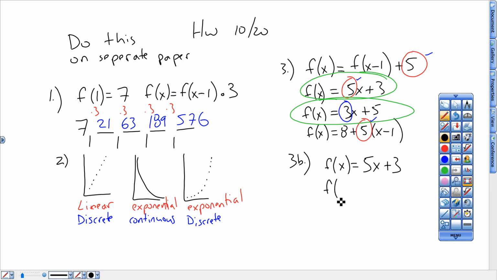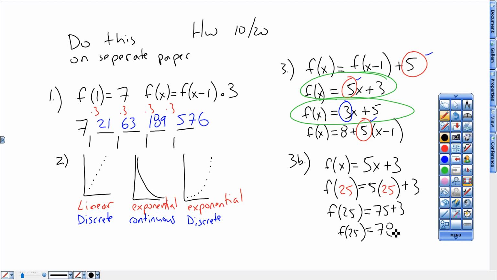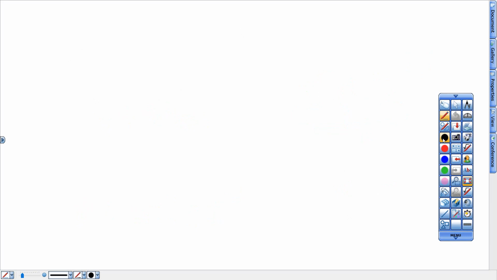This is the only problem that you're plugging in a number for X and doing any math. This is the only one. So plugging in 25 for X, times that by 3, that gives me 75 plus 3 gives me 78. Second word is whale. Whale.